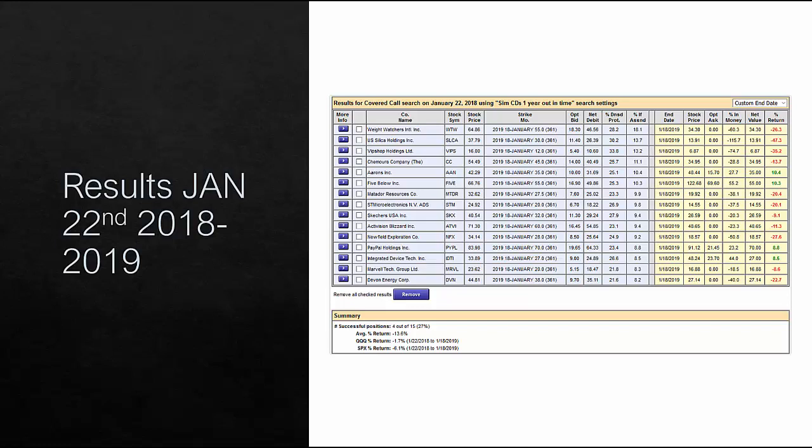Next cycle, we run the search. We have our results. This was from the January 22nd, 2018 to 2019. We have our top 15 trades, and we only have a 27% success rate. There's a lot of red, a lot of losses, even with the high downside protections of 30%, 33.8% or more.